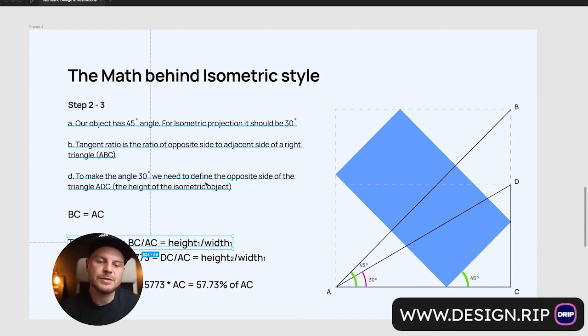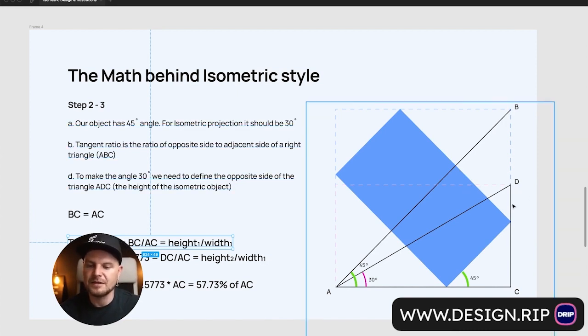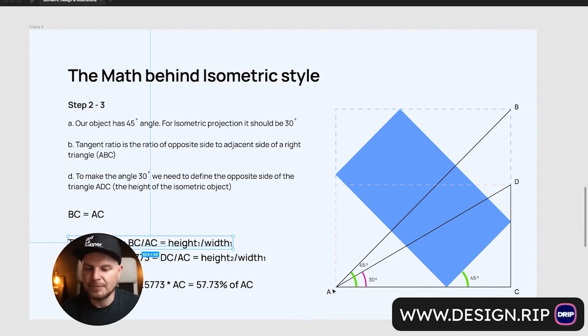And to make the 30 degrees, we need to define the opposite side of the triangle ADC, the height of the isometric object. How to define it? It will be the tangent, DC by AC. Let's take a look here.